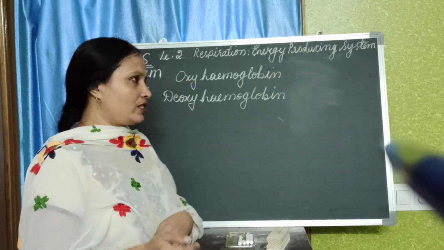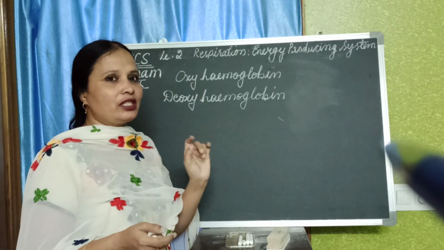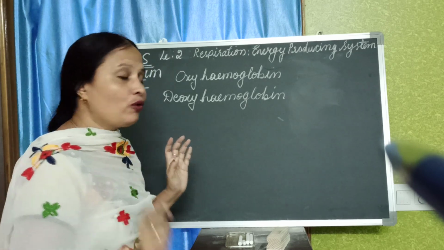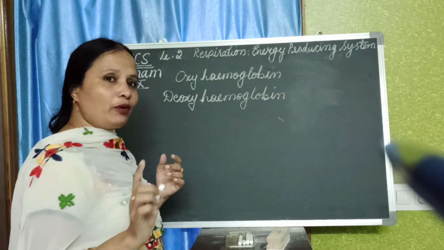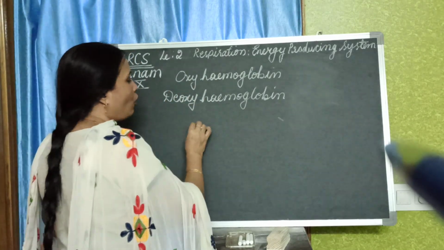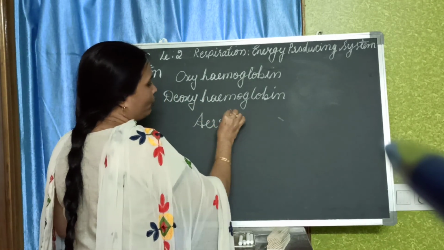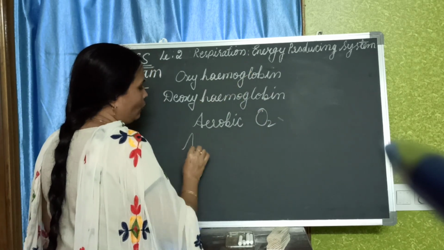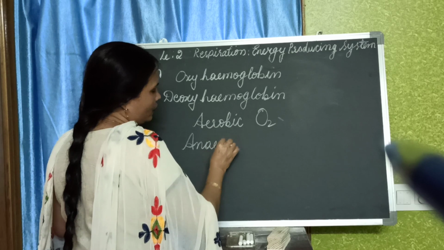You might have heard about it. Because I didn't touch the topic till now, you were thinking that this is all. No. Till now we were learning about aerobic respiration, where oxygen is involved. Anaerobic respiration. Remember the spellings, children.